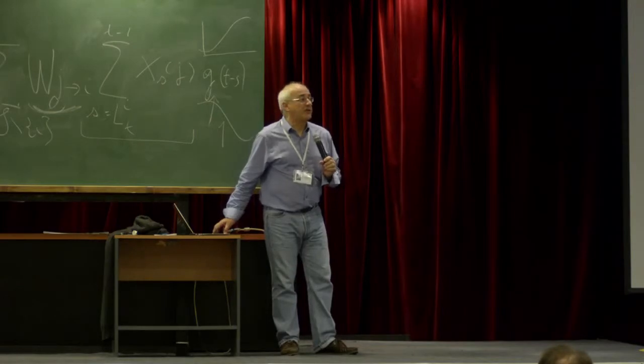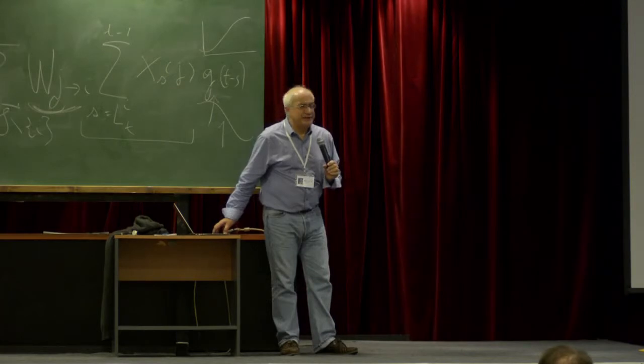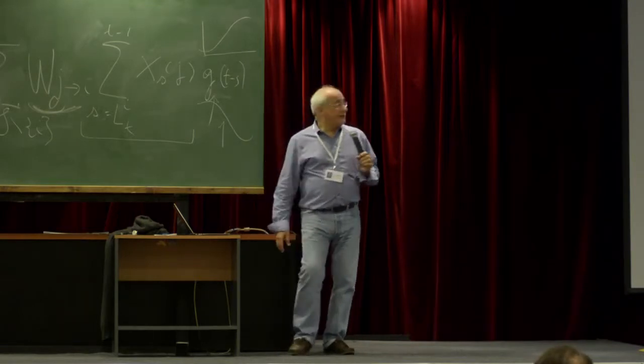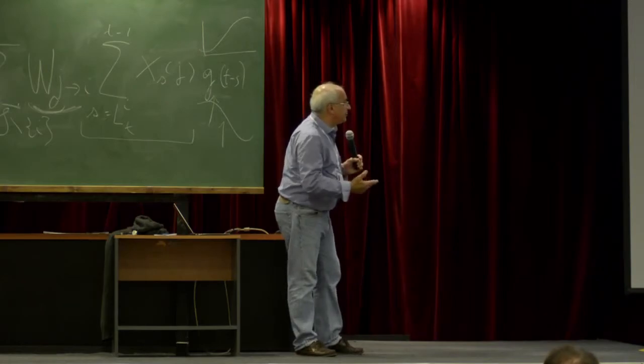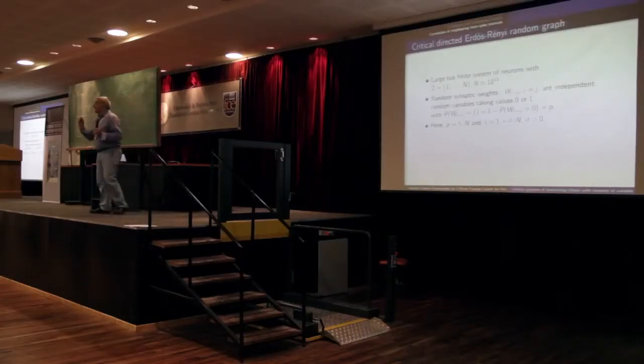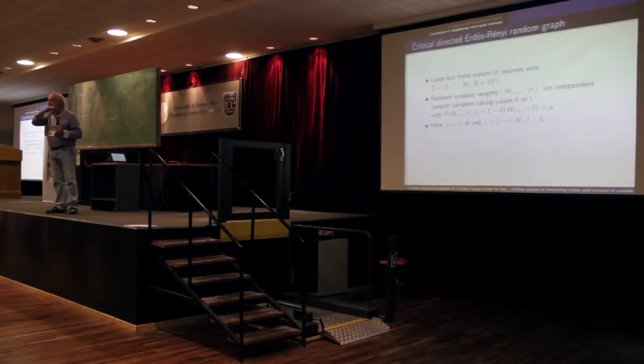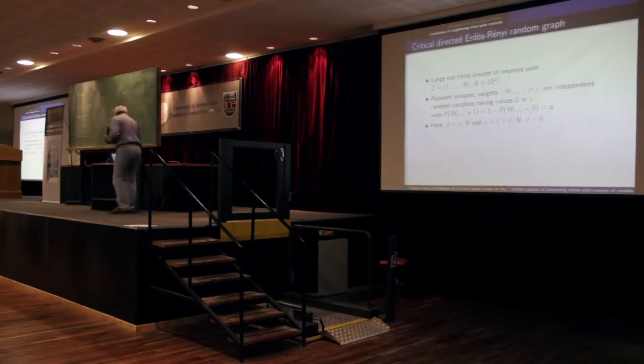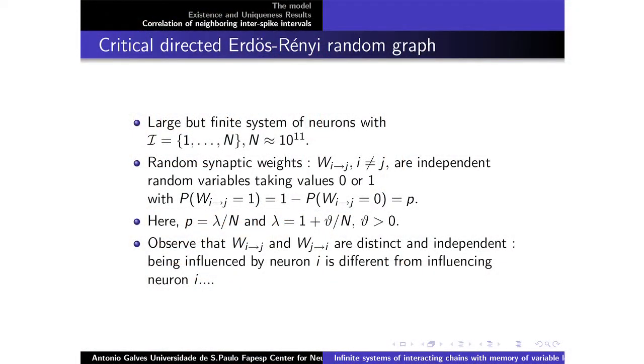That's the classical Erdös-Rényi model, which was invented 61 years ago, in '53, I guess. Now I take the probability equal to lambda over n, where lambda is slightly over 1. 1 over n is the critical case, so I take it slightly over. Observe that the edges W_ij and W_ji are different and independent.